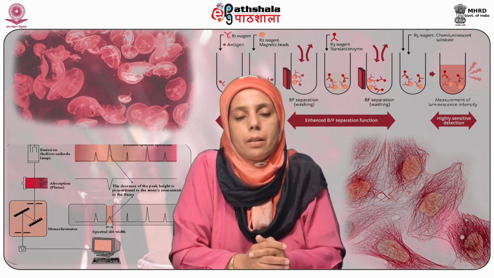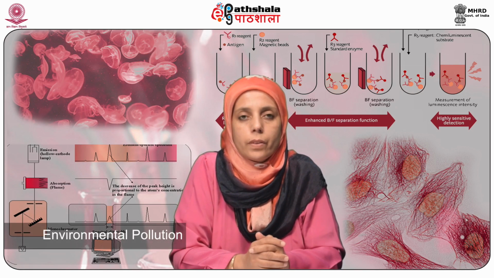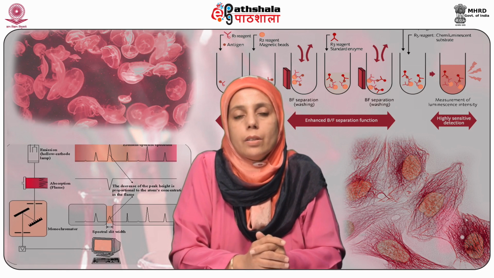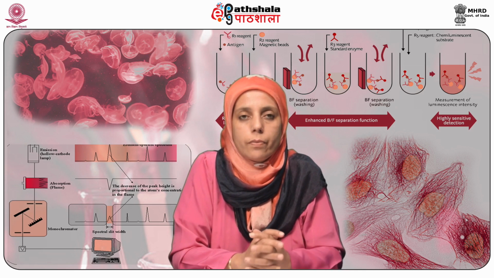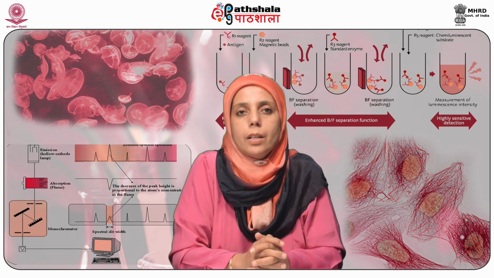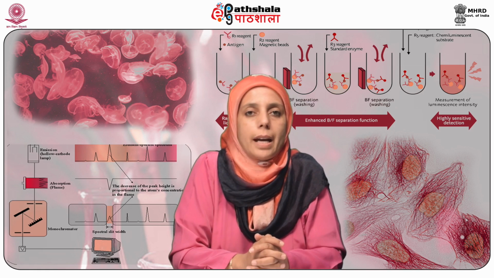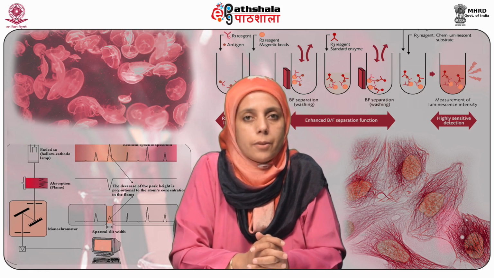So what is environmental pollution? What do you understand by environmental pollution? First, what is environment? Environment means water, air and soil which surrounds us. So pollution means majorly the pollution of water, air and soil. The quality of water is described by agencies in terms of concentration and state.